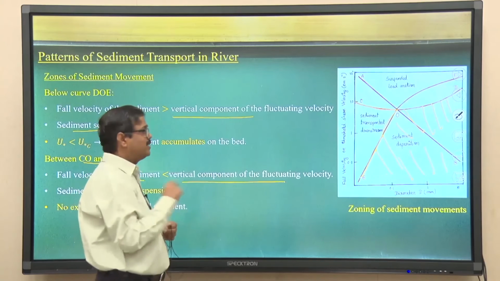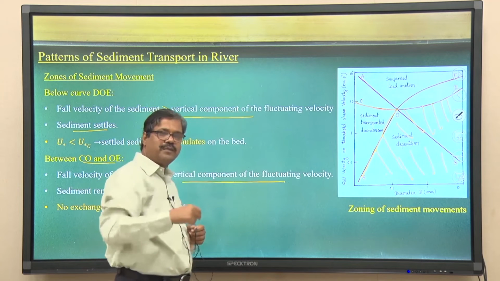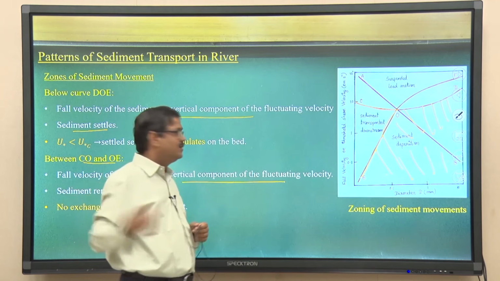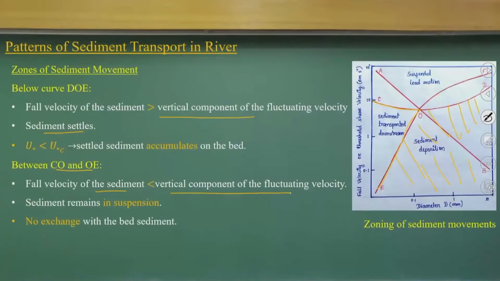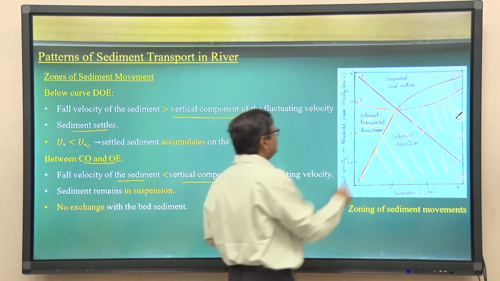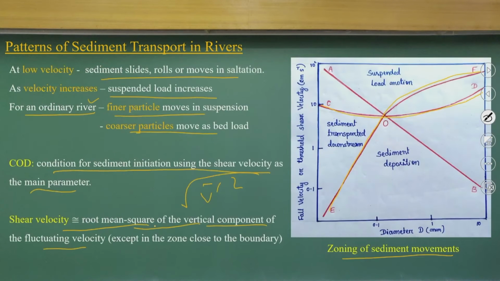Because of that, sediment particles transported from the upstream do not settle there; they are transported to the downstream. So, these are the regions where you have sediment transport downstream. The sediment remains in a suspension state, with no exchange with the bed sediment.